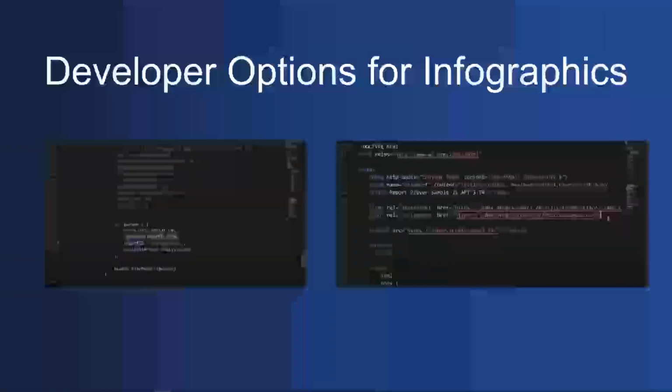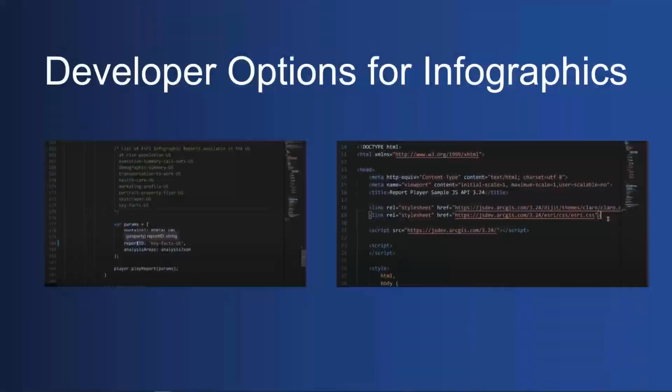If you're familiar with the JavaScript API and you're comfortable using some of the developer tools, you can extend the functionality using the report player widget, and you can create an infographic within your application using the starter templates as well as custom infographic templates you might have created within your organization.